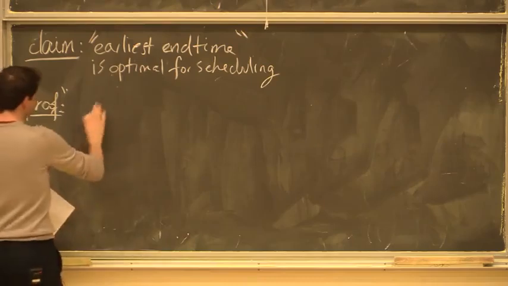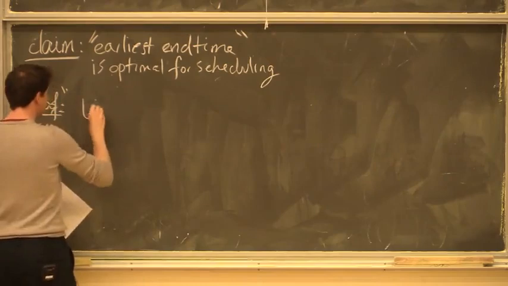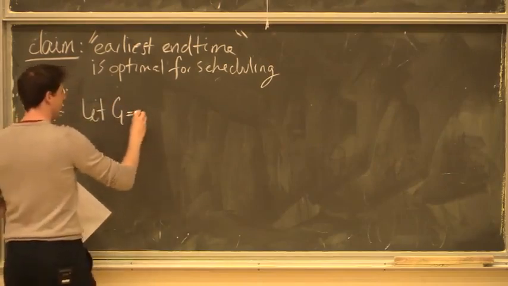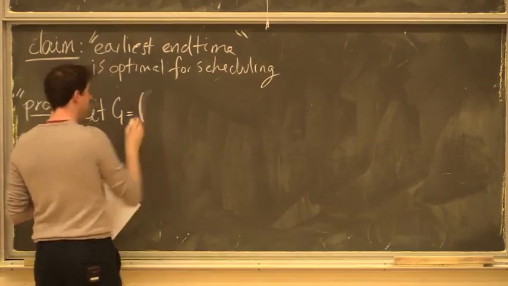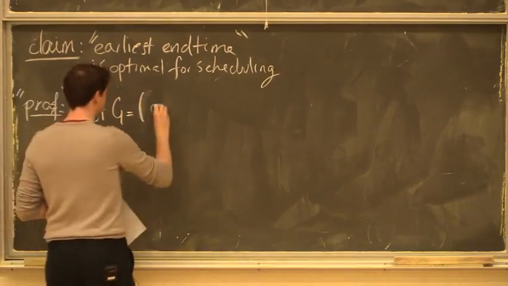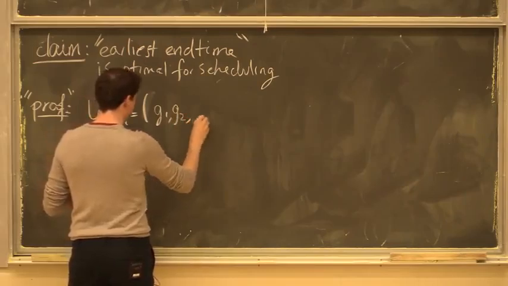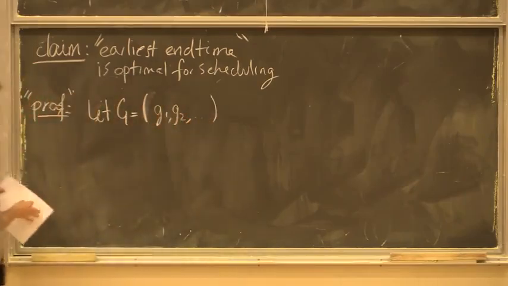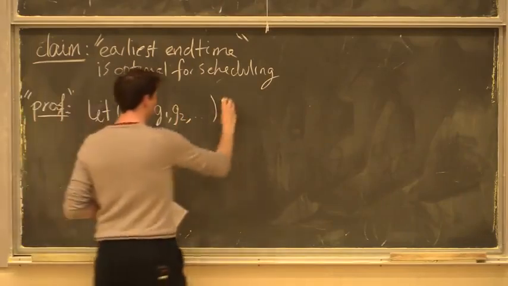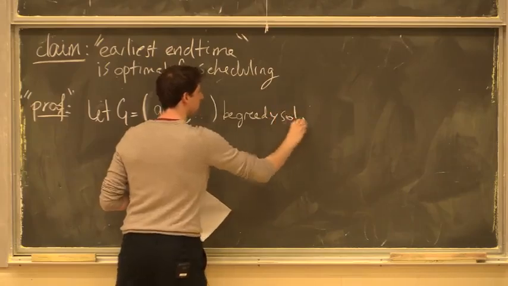So here's one way to think about it. Let G be the sequence of intervals that were chosen by the greedy solution. Okay? So I don't know, J1, J2, blah, blah, blah, right? So some number are picked, be the greedy solution.